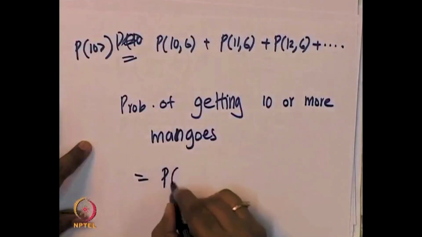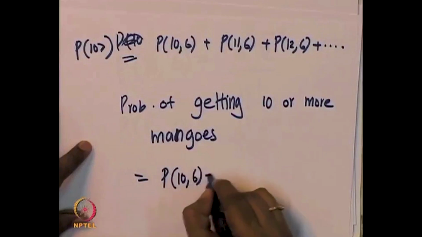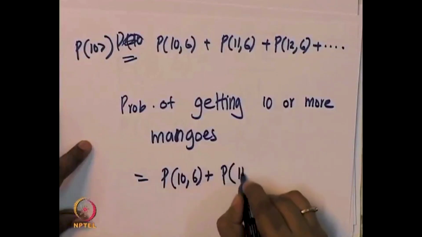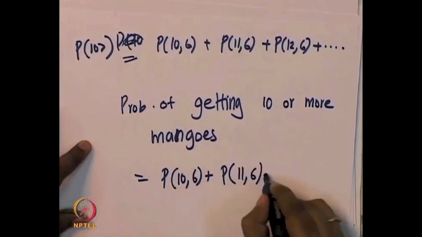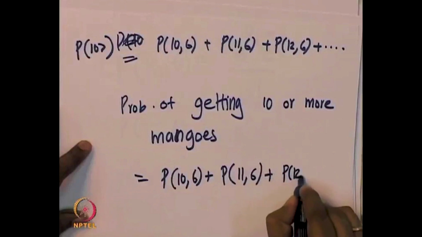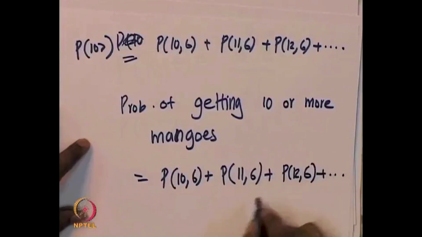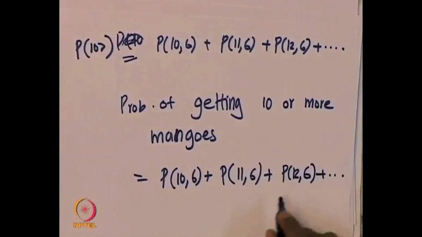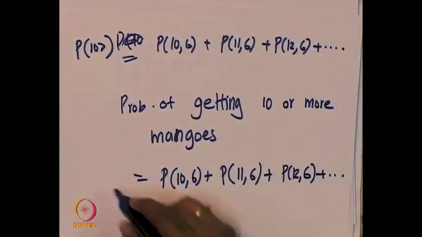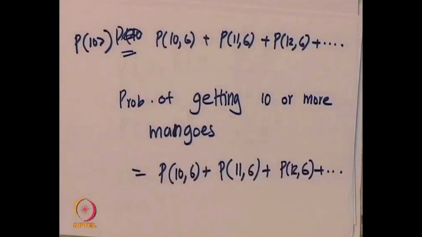At least 10 is the sum: the probability of exactly 10 is this, exactly 11 is this, exactly 12 is this, exactly 13, exactly 14, and so on. You sum up to infinity, and you get the answer, the probability of getting 10 or more mangoes.